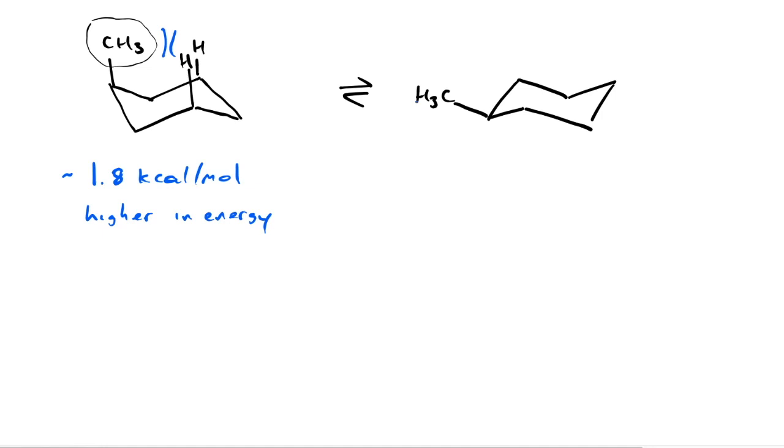You can actually take a look at this effect for a variety of substituents. This value of 1.8 is what's called the A value.